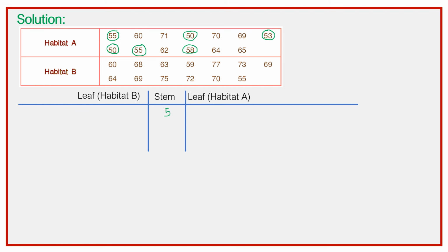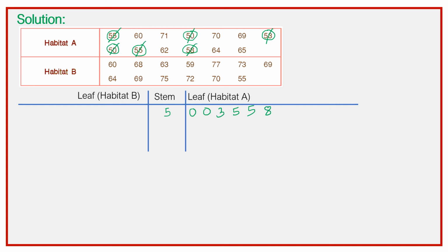So we write a 0, another 0, then 53, we write 3, then 55 and 55, so that is 5 and 5, then the last one is 58.